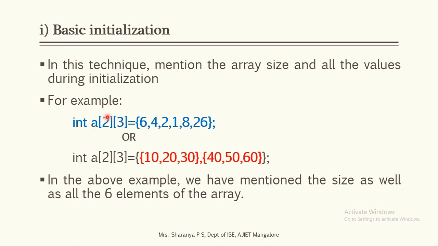The first 2 refers to the row size, and the second element, that is 3, refers to the column size. So it indicates an array with 2 rows and 3 columns. After that, with the equal to symbol, we assign the values to this array. We have specified continuous values, that is 6, 4, 2, 1, 8 and 26.